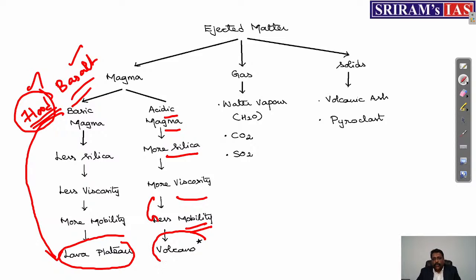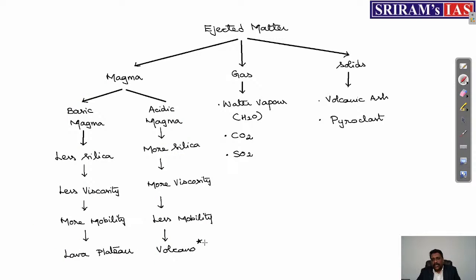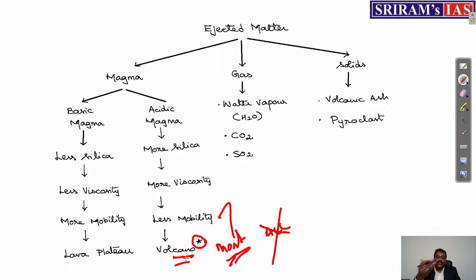So normally most of the volcanoes are formed out of this acidic magma. I have kept a star mark and I used this word most. It means I have not included the word all. Very important point: it means we do have a volcano called a basic volcano.